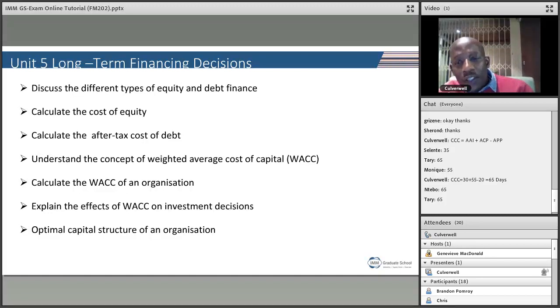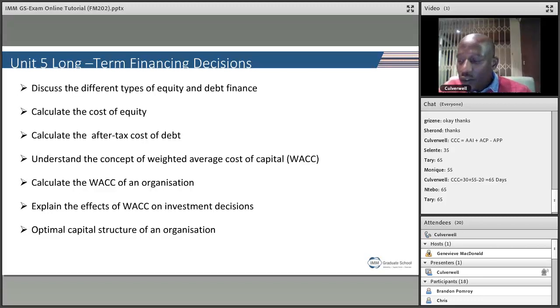And this work is so important in business because if you don't manage WACC very well, what will happen is your weighted average cost of capital, which is the cost of you sourcing funds, is way too high. For instance, if your weighted average cost of capital is 20%, what project will you be in a position to invest in to give you a rate that is more than 20%? There could be very few.